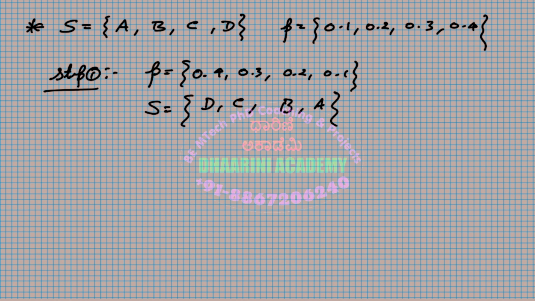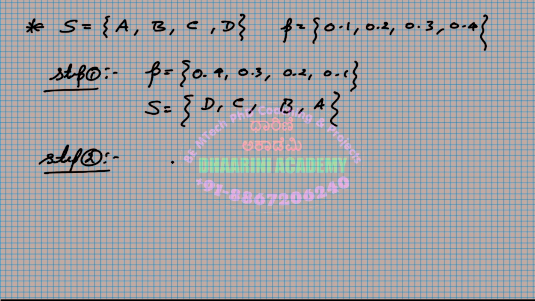Now let's calculate the minimum length required. That is step number 2. I have to apply the minimum length of the ith symbol: Li should be greater than or equal to log to the base 2 of 1 divided by pi.